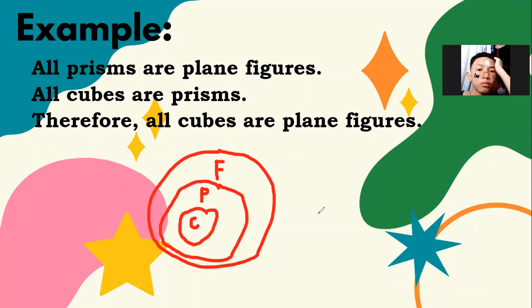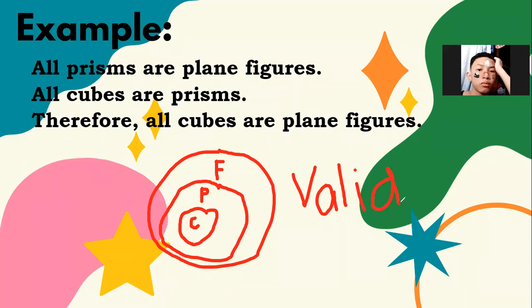Yan. So again ha, based on the first statement, we have the P and the F, that all prisms are plane figures. On the minor premise, all cubes are prisms. That's also correct. And based on the conclusion, tama ba sa figure natin that all cubes are plane figures? Opo. Yes po. Yan. So, base doon, since tama, using the Euler's diagram, pwede na nating masabi that the categorical syllogism is valid.